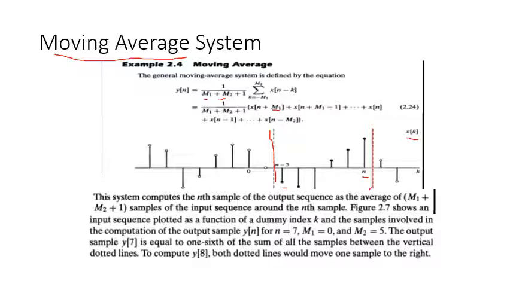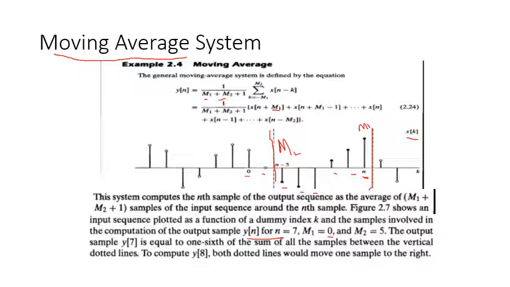For example, we want the output at n equal to 7. So you see here this sample is 0, this sample is 1, this sample is 2, 3, 4, 5, 6, 7. So it means n is equal to 7. So computing y of n for n equal to 7, here M1 is 0, and this is M2, which is 5 because 0, 1, 2, 3, 4, 5.